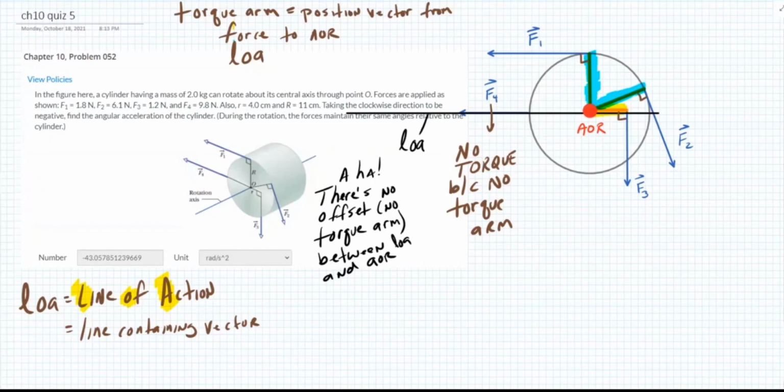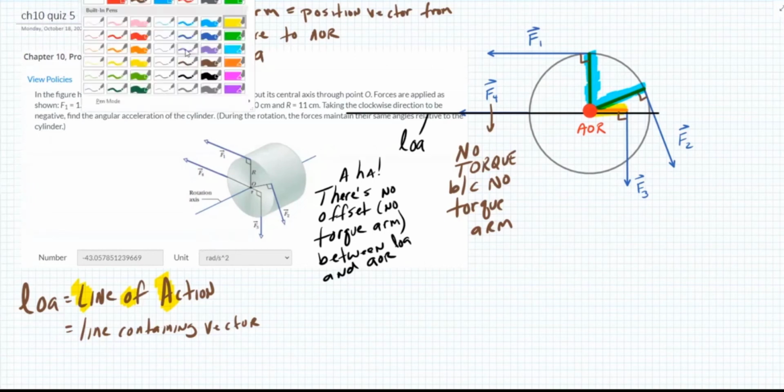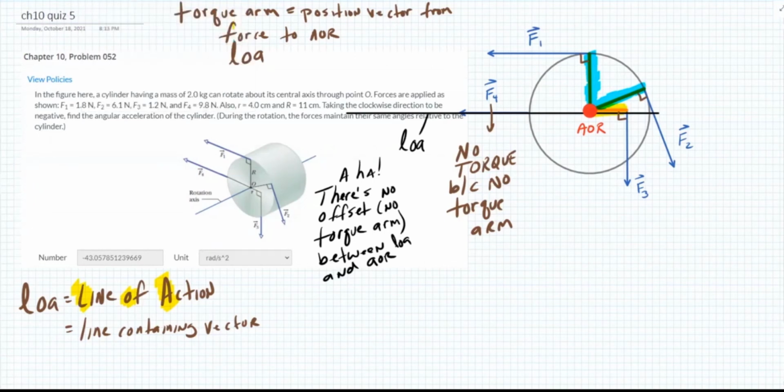The offsets, and I'm going to draw the LOA for F3. Here's the LOA for vector F3, just to drive home this point. Right there. This is the LOA for F3. I'm stressing this point a lot.